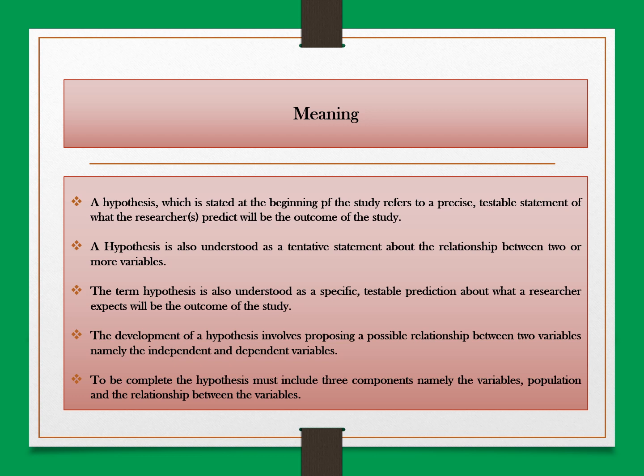It is also understood as a tentative statement about the relationship between two or more variables. The concept of the term hypothesis is also defined as a specific, testable prediction about what a researcher expects will be the outcome of the study.